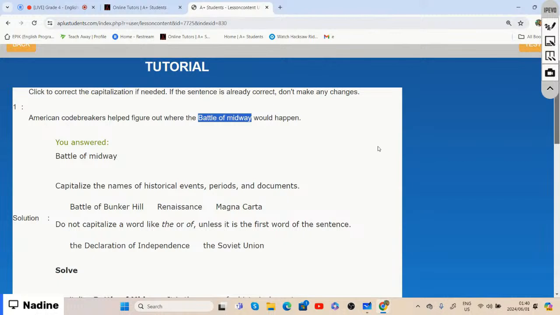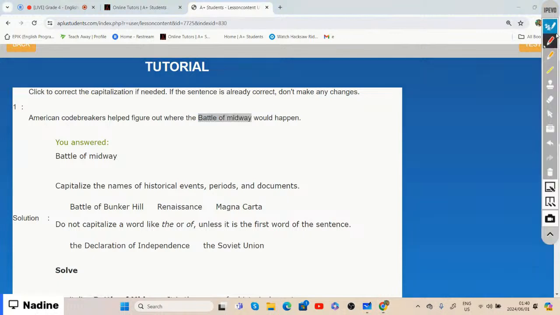All right. So if we were to write the Battle of Midway, it is capital letter B for Battle. Of stays lowercase, and then Midway is capitalized.